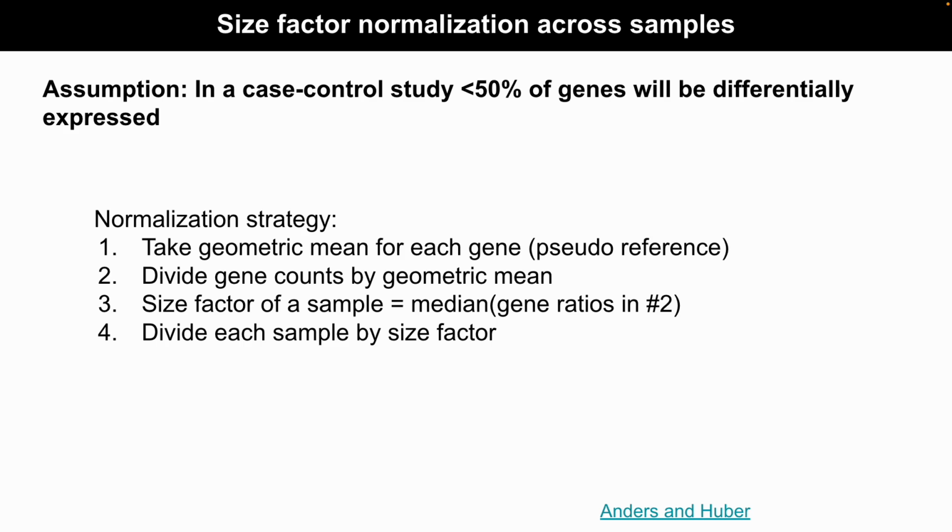Now, what you have done at this point is just compared how different each individual gene in each sample is as compared to a reference that you created. You do this across different genes, but when you do this, if this sample was 100 times more sequenced, or overall its sequencing depth was much larger, that should reflect in some sense uniformly across all the genes, right?